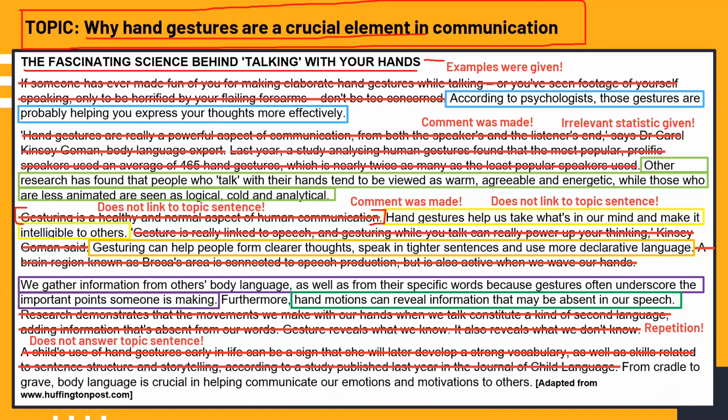We also see that hand gestures are able to reveal information that could be absent in our speech, and that makes hand gestures crucial. Our last point tells us that body language and gesturing is crucial as it helps us communicate emotions and motivations to others. Now that we have our 7 main points, we can move on to the next step of the process.